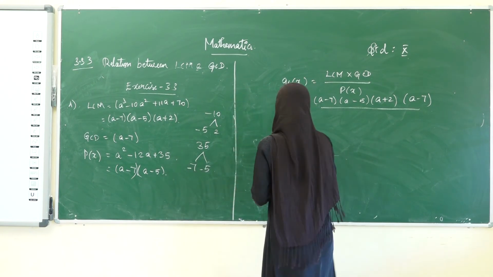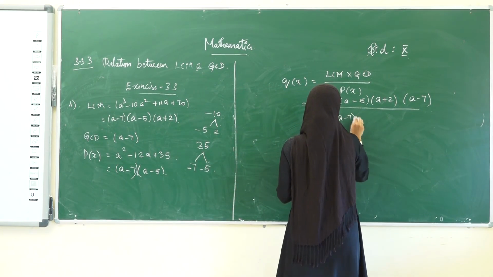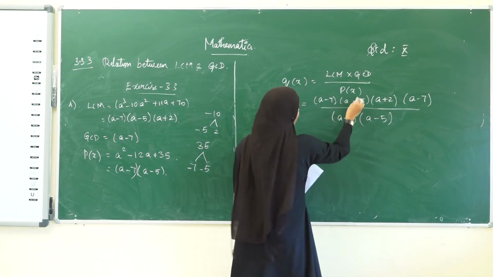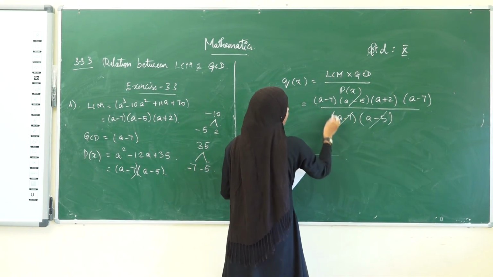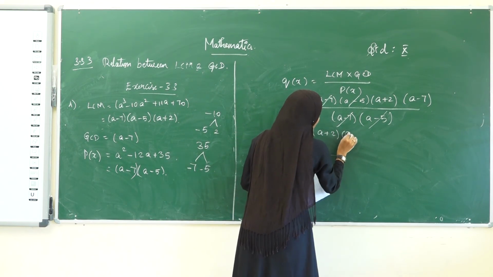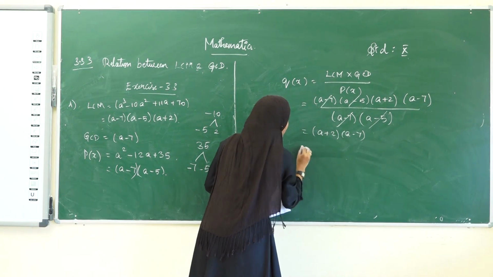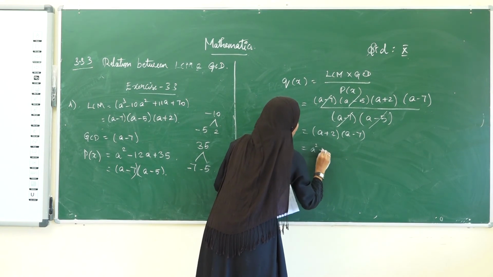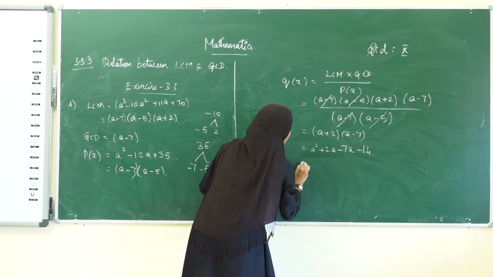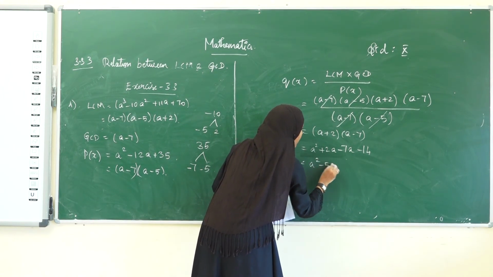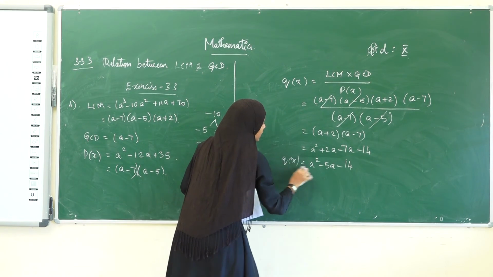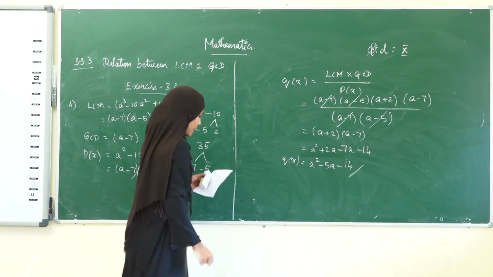We have found it as (a − 7)(a − 5). See, this term gets cancelled, this term gets cancelled. The remaining term is (a + 2)(a − 7). Multiply these both: a square plus 2a minus 7a minus 14. Therefore, a square minus 5a minus 14 is q(x). This is the required polynomial.